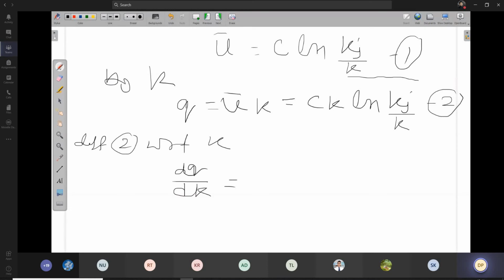Do the differentiation of this part with respect to k and tell me what the right side of this equation, let us say equation number 3, will be. Any one of you use your pen and pencil, do this, and tell me the right side of equation 3.